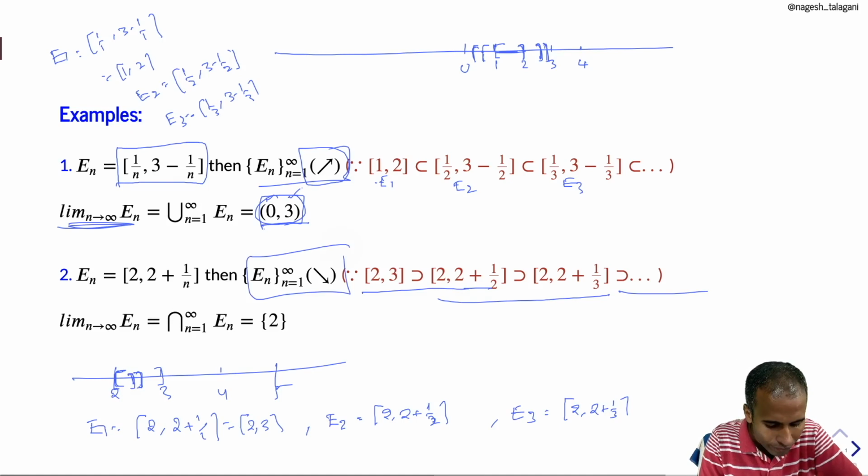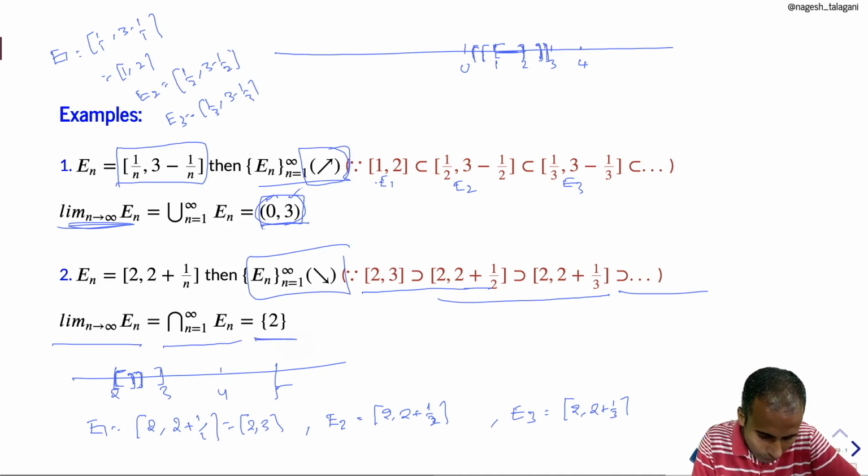If you look at the intersection of all these events, the limit of En is going to be the intersection of all these events. It will be the singleton {2}, because 2 is the left-hand point which is a part of every En, but nothing else will be in the intersection of all En's.